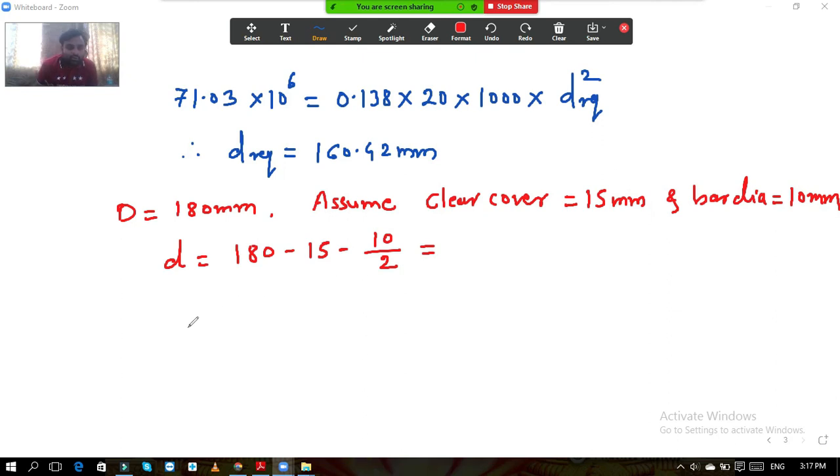Okay, so both the values are near about same, 160 mm. So this is a very optimistic design.